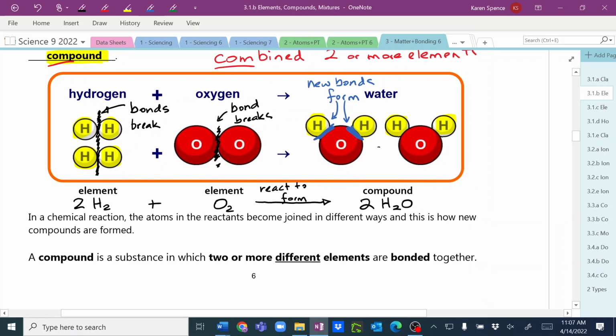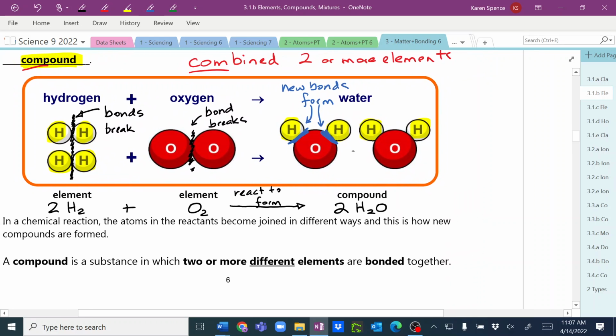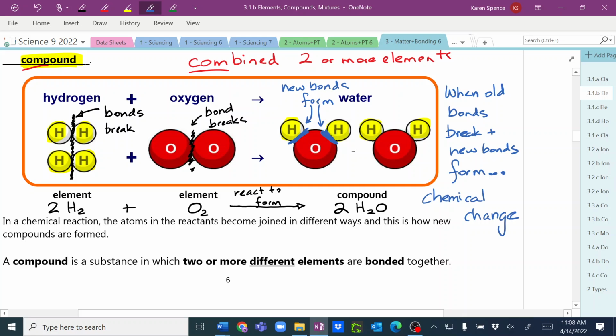When old bonds break and new bonds form, we have a chemical change. We have had a rearrangement of the atoms in those particles, yes?